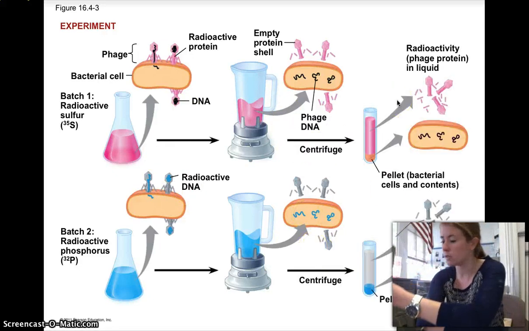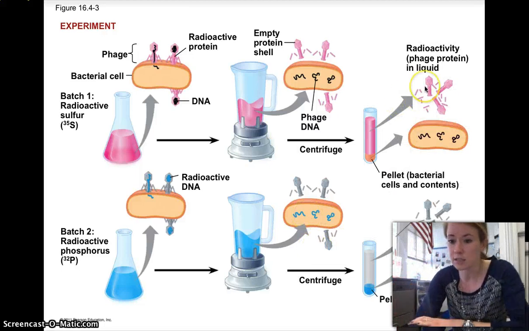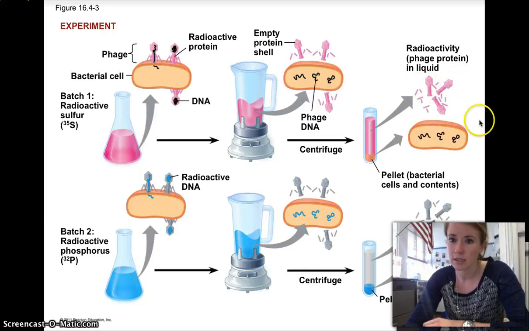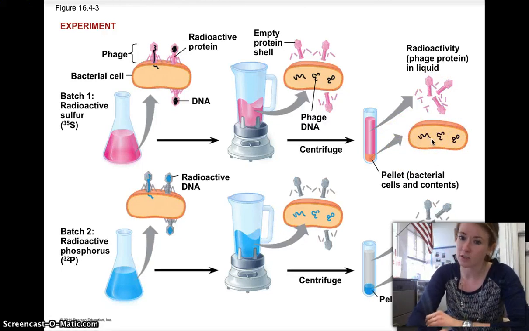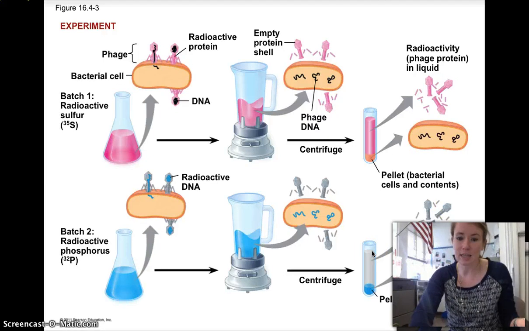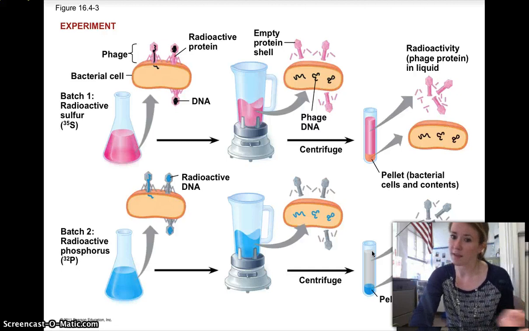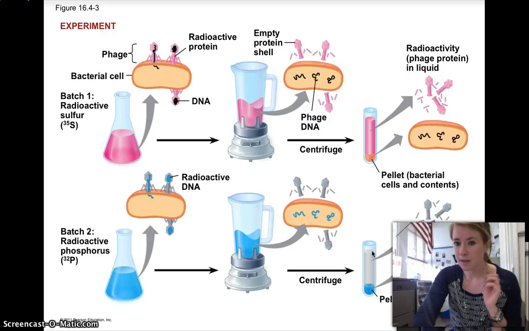In the ones where they colored the protein, the bacterial cells were not lit up. So there had been no colored protein injected into the bacteria, whereas in the ones where they colored the DNA, the remnants, the viruses that were left over at the end, were not colored, but the bacterial cell itself was.